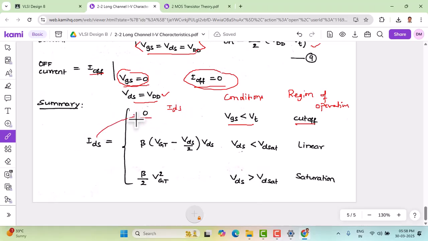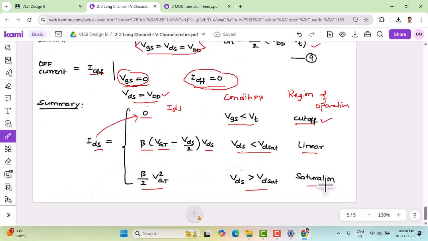IDS is 0 when VGS is less than VT, and the region is called the cutoff region. IDS equals beta times (VGT minus VDS by 2) into VDS is the current flowing in the linear region, and for the linear region the drain source voltage must be less than VDS sat. The drain source current in the saturation region is beta by 2 into VGT square, and the condition for that is VDS must be greater than VDS sat, and the region of operation is the saturation region.